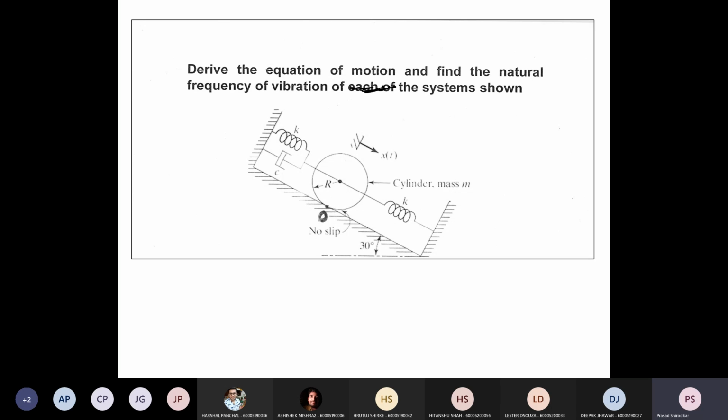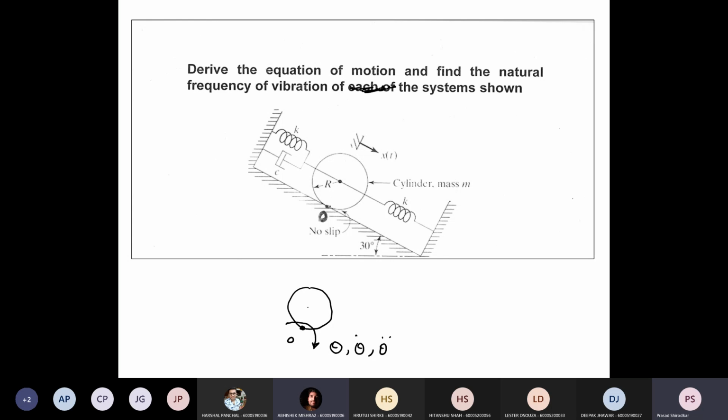All right, so first step is to draw the free body diagram. So let's draw the free body diagram. Let's assume that this moves with angular velocity theta dot and theta double dot acceleration. Okay, and the point of contact is O, and that is the instantaneous center. That is this point. All right.